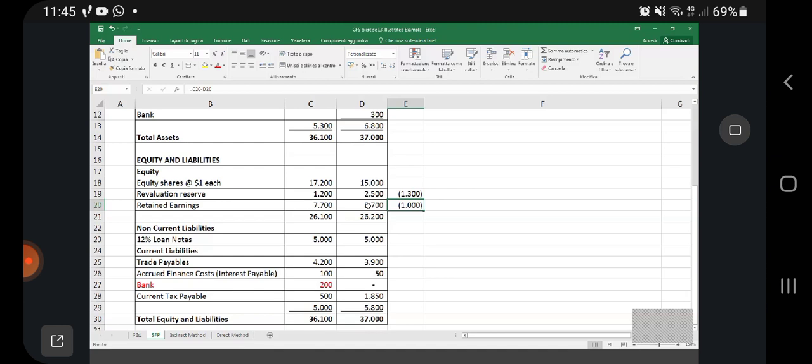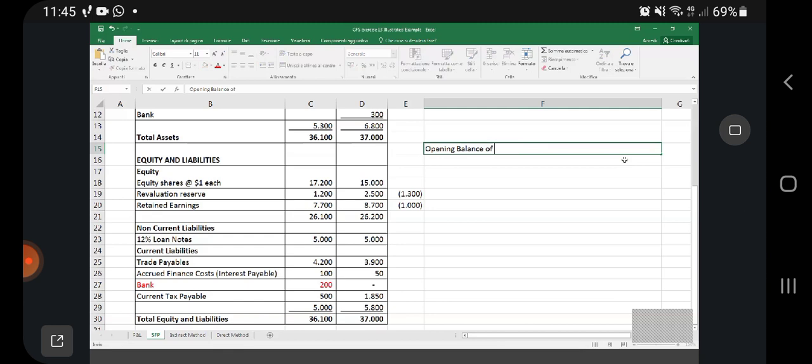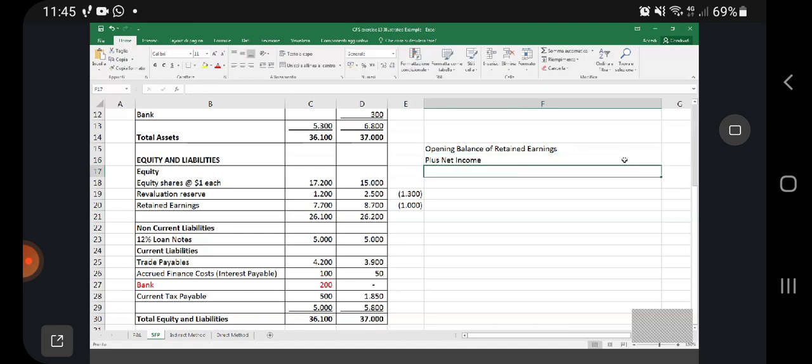Okay? Don't write anything, but just let me remind you of the equation of the retained earnings statement. Opening balance of retained earnings plus net income of the year less dividends is equal to closing balance of retained earnings.